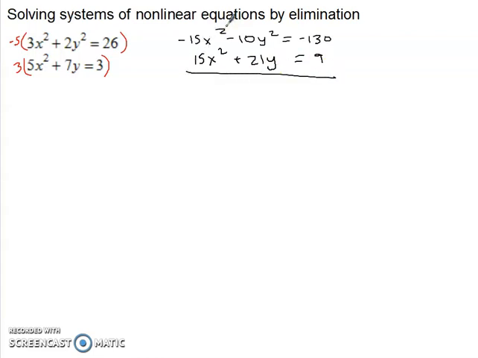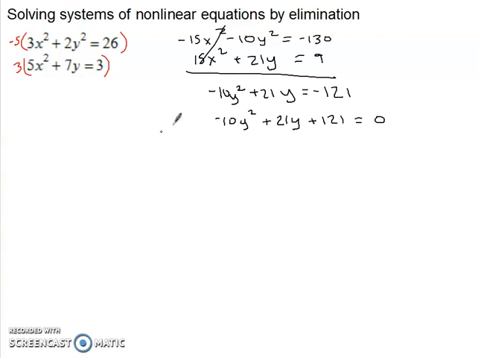So adding, my x squareds are inverses, so I have negative 10y squared plus 21y. So I must leave that as negative 10y squared plus 21y is equal to negative 121. And then I'll go ahead and add my 121 over so that I have equals 0 on one side. From here, I need to factor if possible. If not, I'll use the quadratic formula to solve.